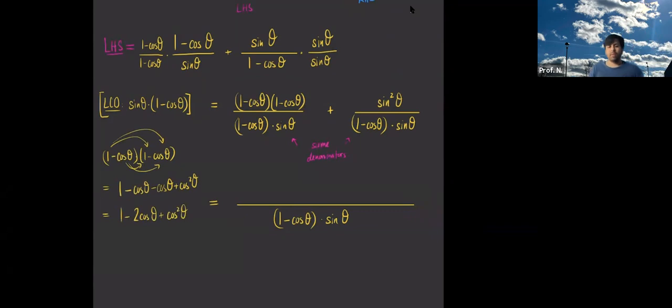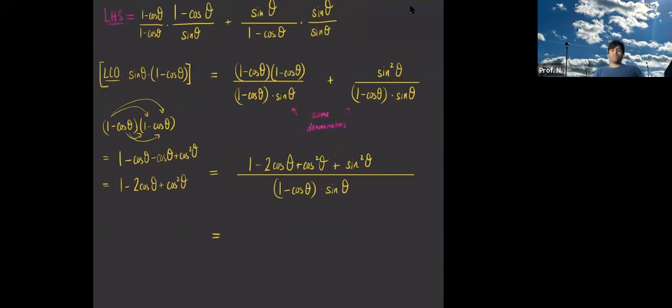So that's what happens when you multiply this all out. And what do I get? I get 1 minus 2 cosine theta plus cosine squared theta plus sine squared theta.